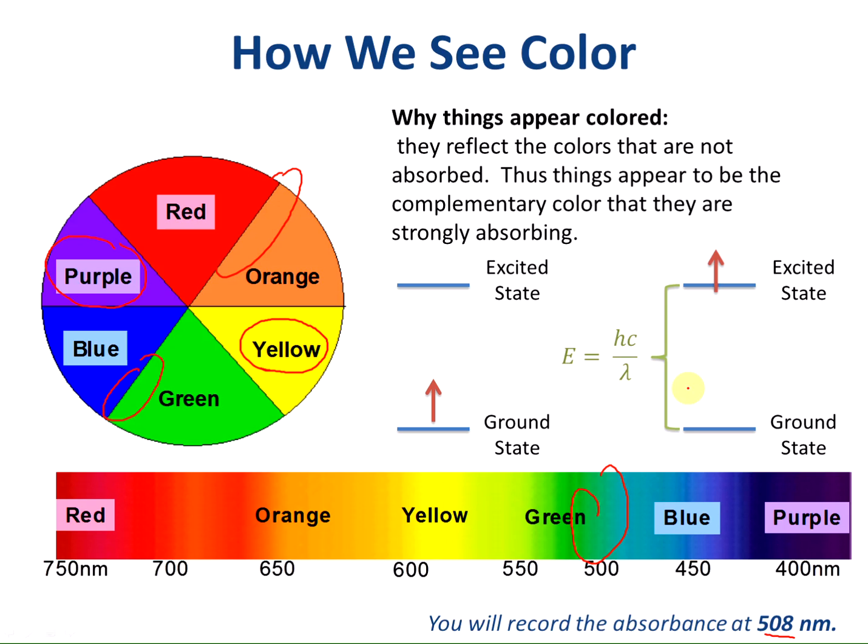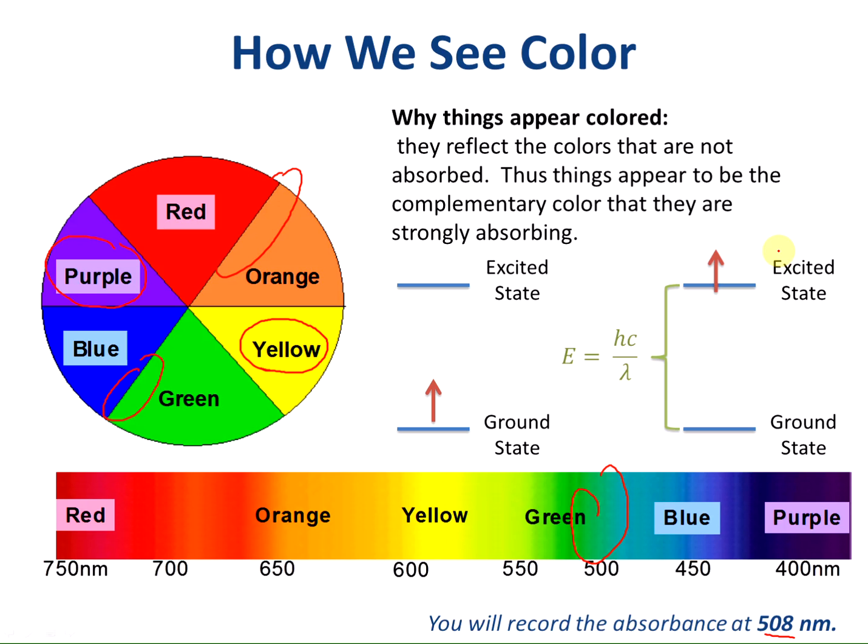So in our compound that absorbs at 508 nanometers, once we give it that wavelength of light, that's enough energy to cause that electron to be excited from the ground state to the excited state. Once the electron's in the excited state, it wants to fall back down to the ground state, and the energy is released in thermal vibrations as the electron falls back down.